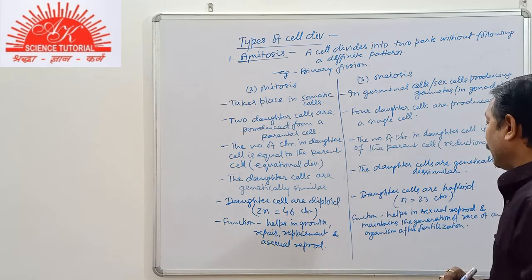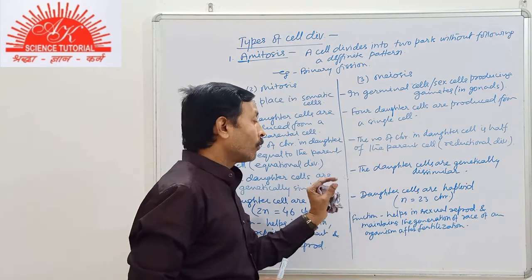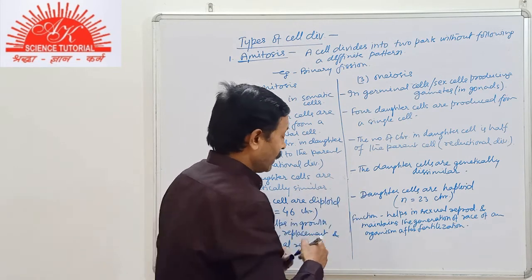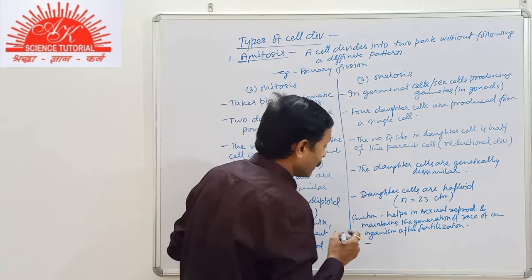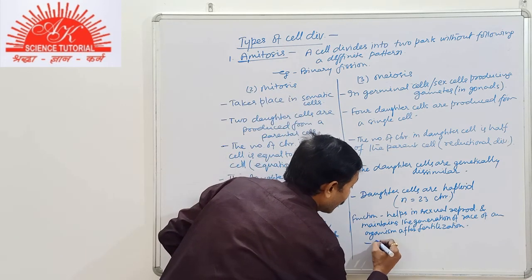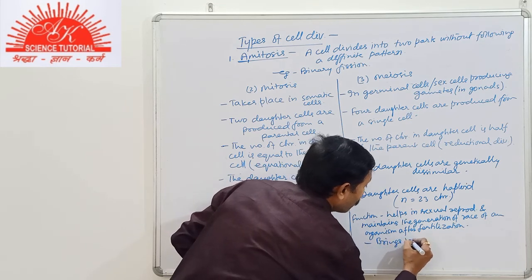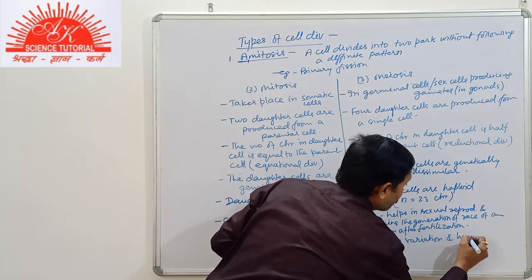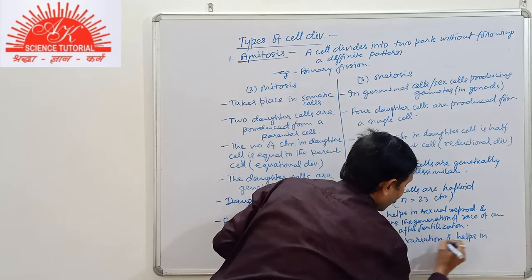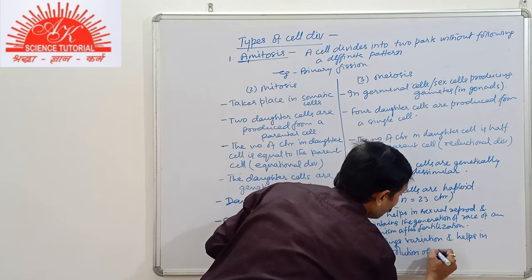That is, it helps in maintaining the diploid, the original number of chromosomes after fertilization, as well as one more function performed due to meiosis: it brings variation and helps in the evolution of new species.